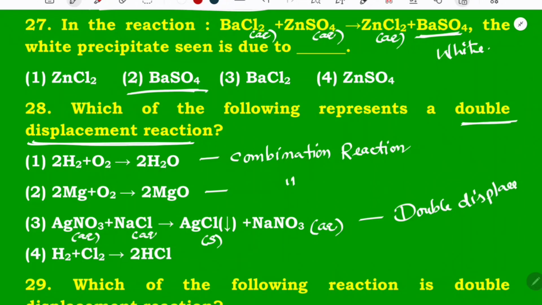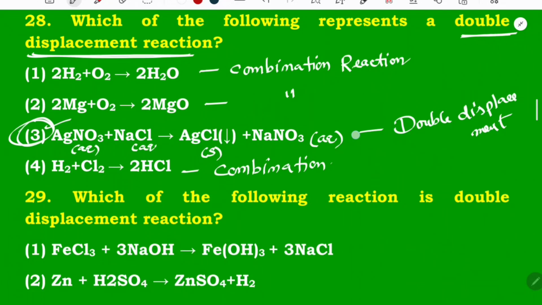The last one, two reactants combined into a single product, is also a combination reaction. So 1, 2 and 4 are combination reactions, and the third one is the double displacement reaction. Okay, next.